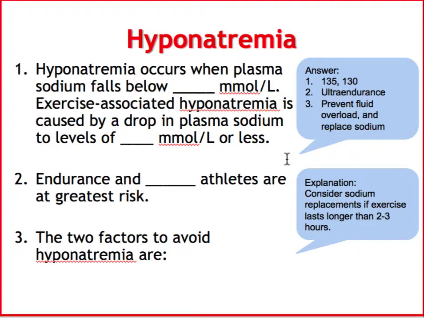Sport beverages often have sodium, but you can also replace it with food like pretzels. Eating salty foods causes you to be more thirsty, and so it stimulates you to drink.